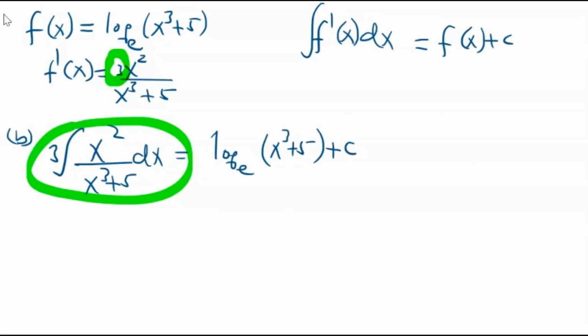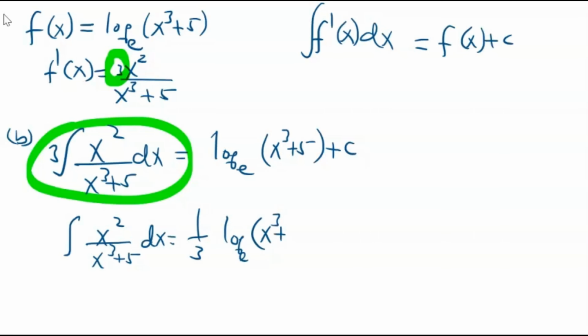Now we divide by this 3 on the other side and add the c after. And that's it. That's how we actually do it.